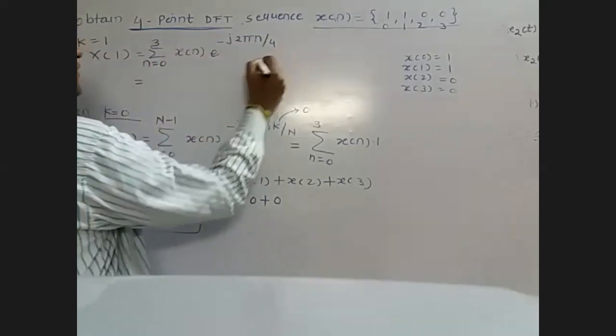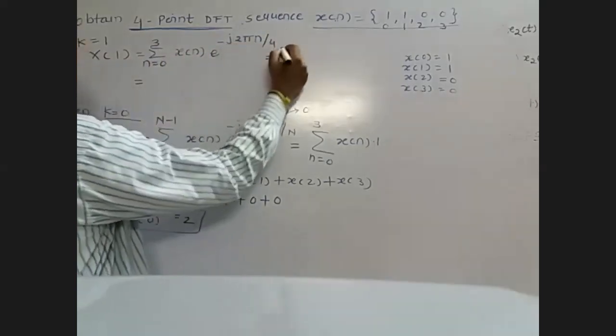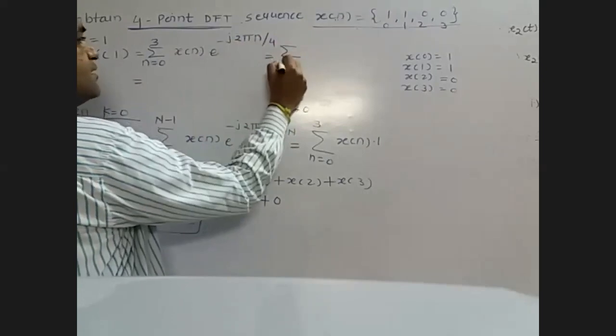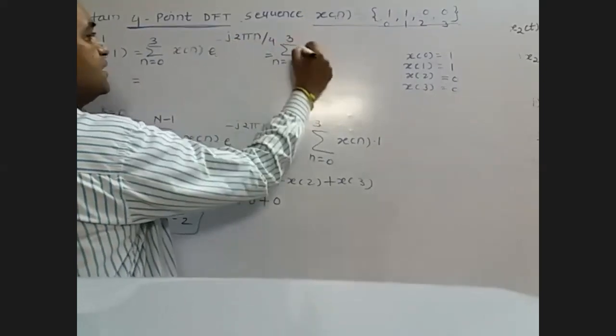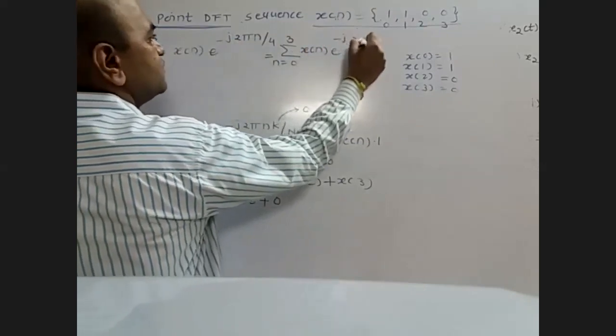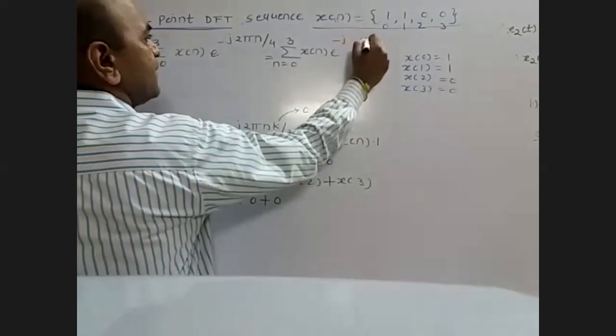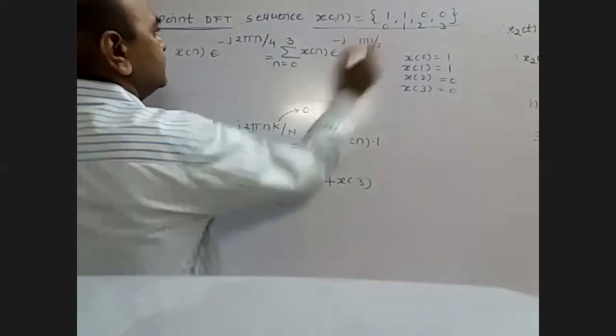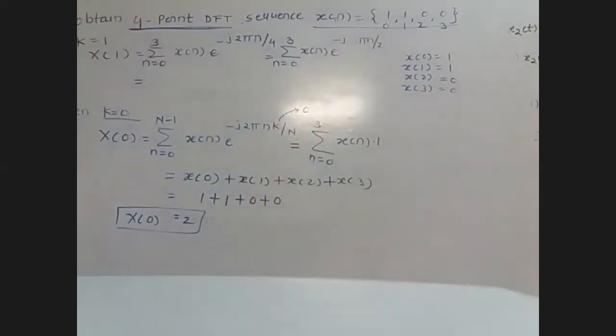Now you can simplify it: 2 and 4 give n is equal to 0 to 3, x of n e raised to minus j pi n by 2.